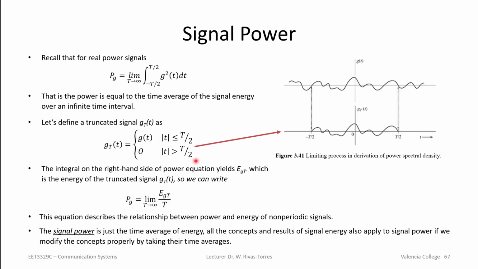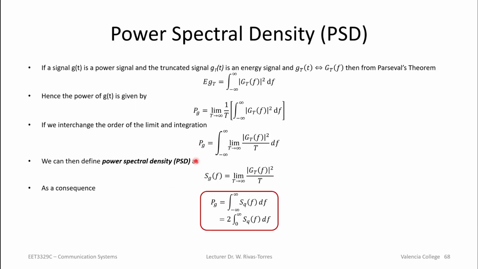We can also talk about the power spectral density, or PSD. And this is more common. In practice, we talk more about the power spectral density than we talk about the energy. We'll define the power spectral density as the limit as T goes to infinity of the magnitude square of our frequency spectrum divided by T, whatever T is.